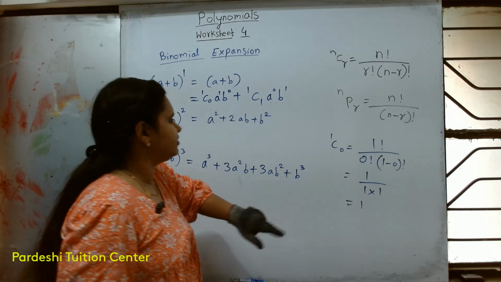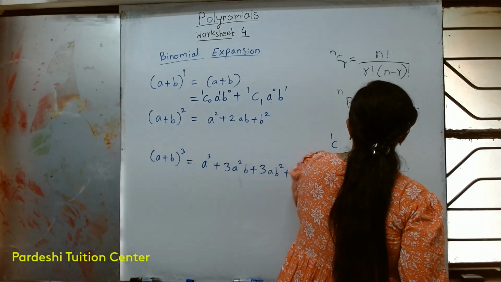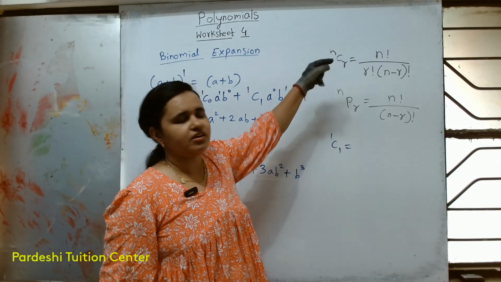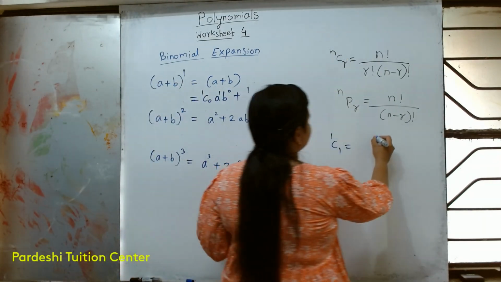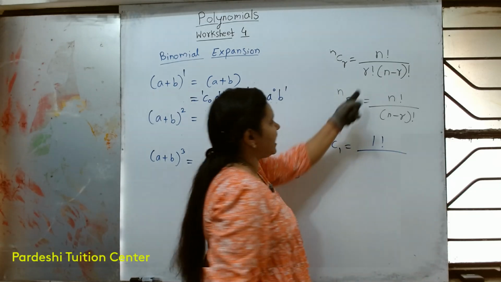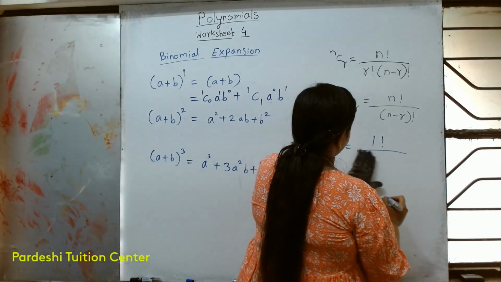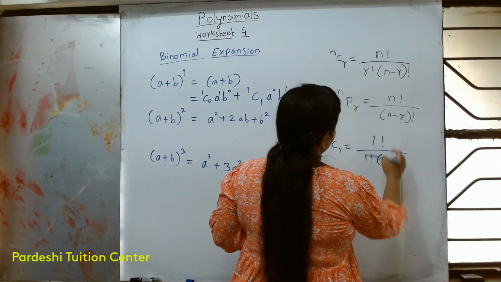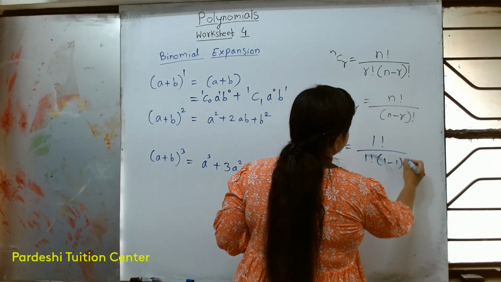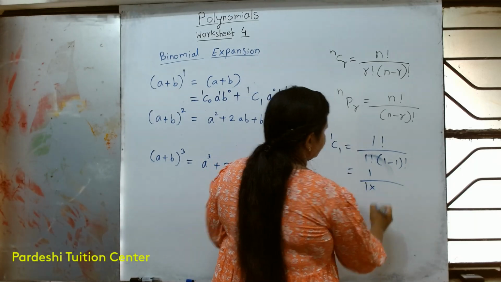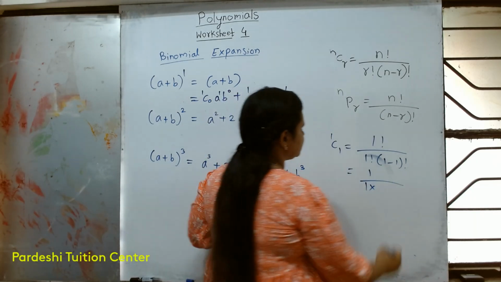Let us check what 1c1 comes to. If I put 1c1 in that formula, n factorial means 1 factorial upon r factorial, where r is 1, so 1 factorial into n minus r, meaning 1 minus 1 factorial. 1 factorial is 1, 1 minus 1 is 0, and 0 factorial is again 1.